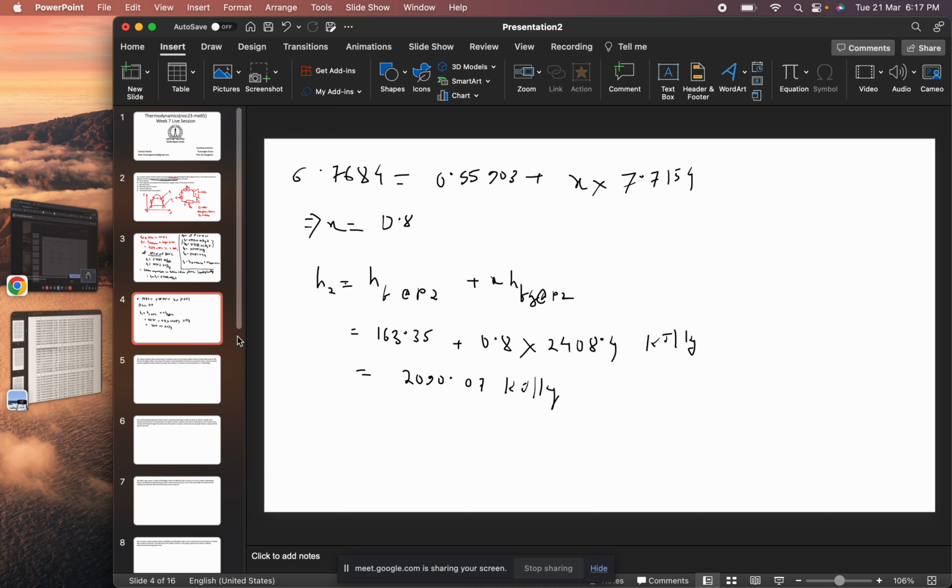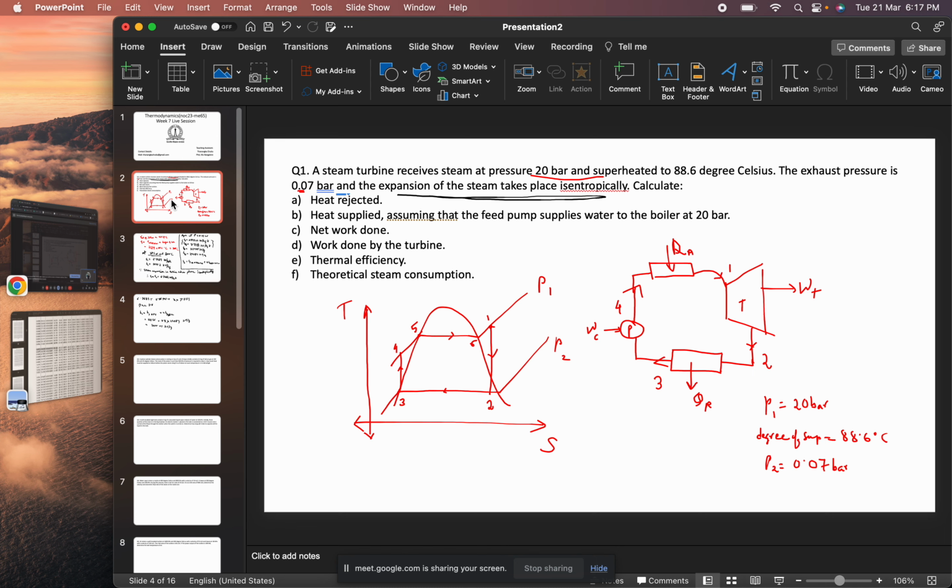Then what we have to calculate first is the heat rejected. What is basically the heat rejected? Heat rejected is from 2 to 3, yes or no? So the decrease in enthalpy in going from process 2 to 3 is your heat rejected.